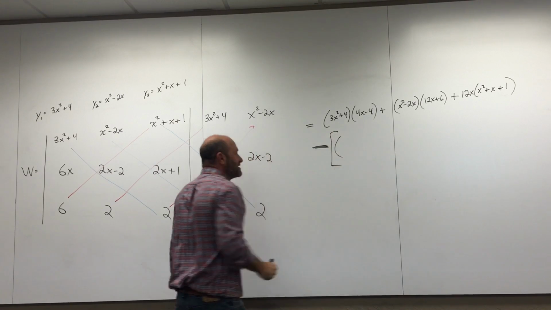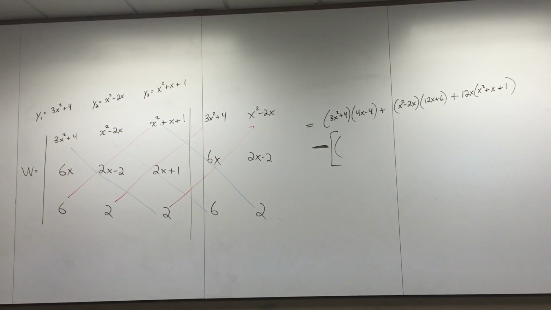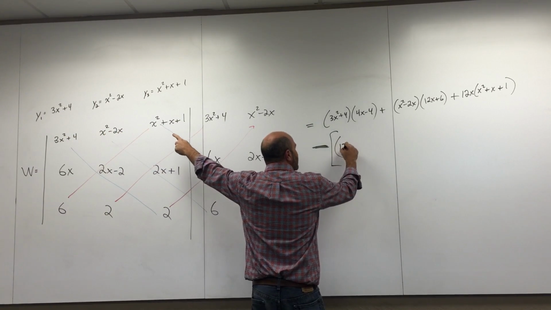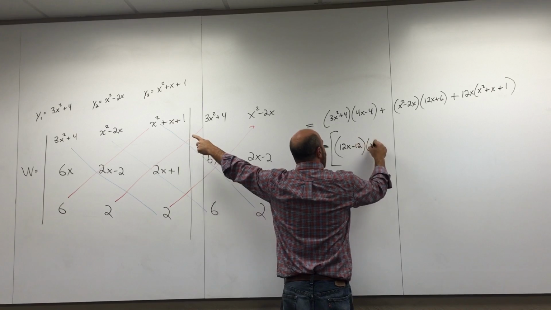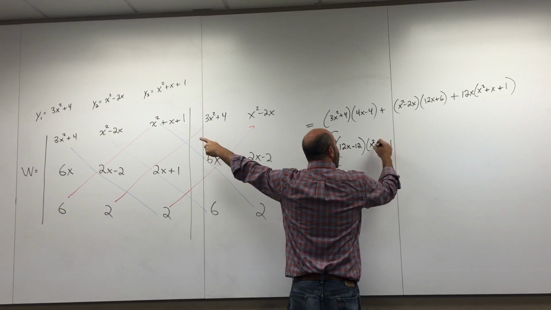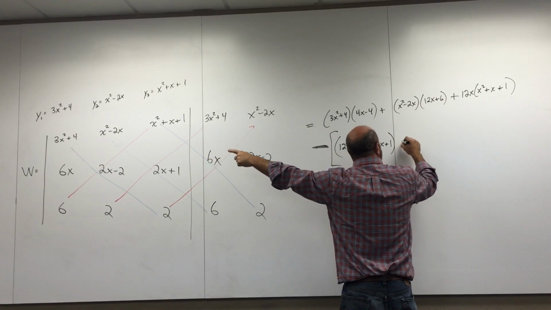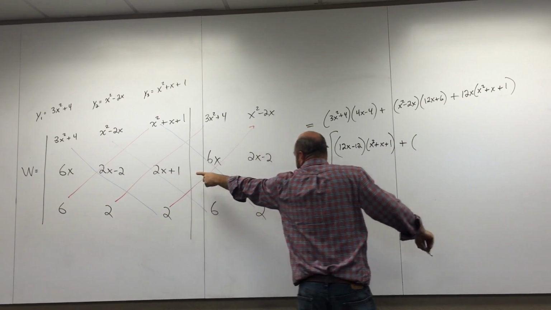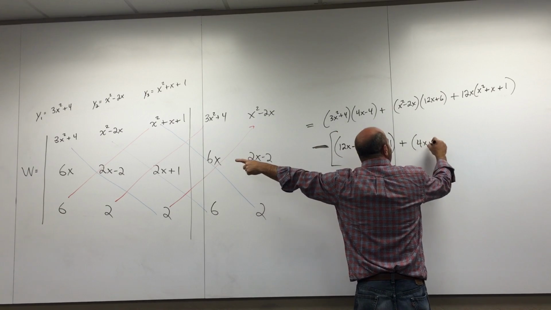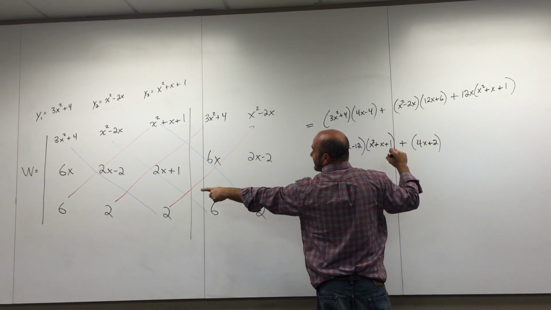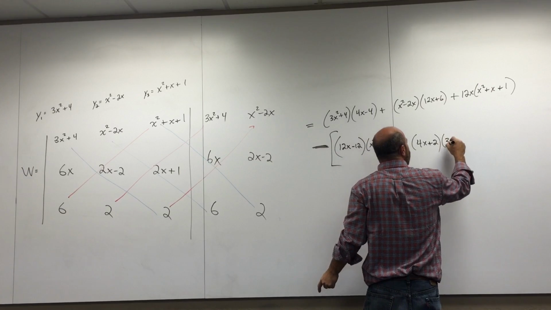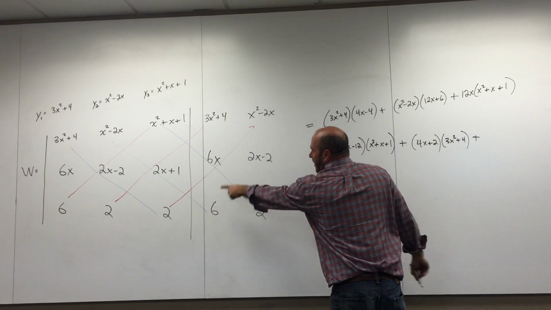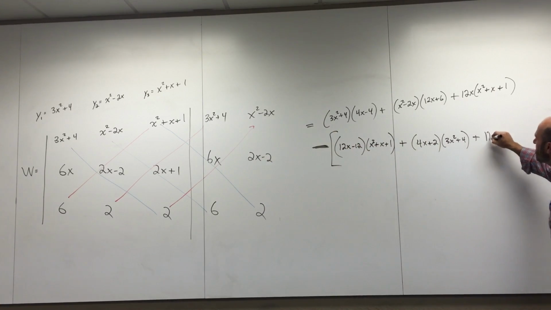I better put brackets around this. 12x minus 12 times that. Oh my goodness. I thought when I hit differential equations I could get rid of foiling, didn't you? Yep. That's a 4x plus 2 times 3x squared plus 4. And 12x times that thing.